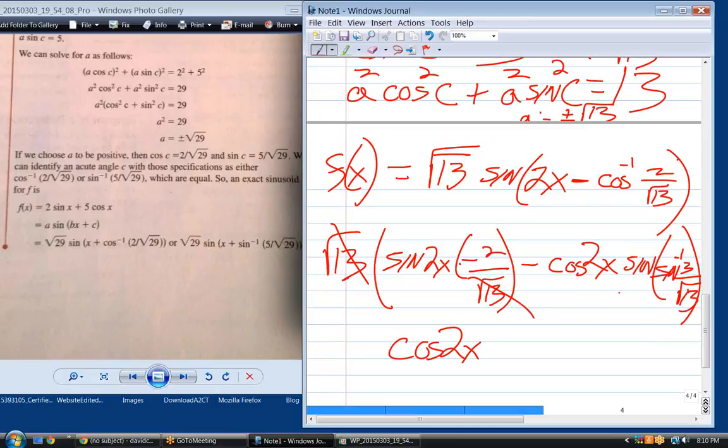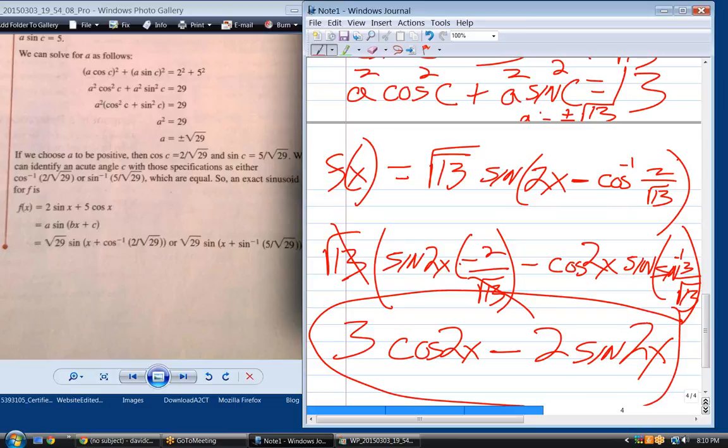And now everything turns into what we started with. We've got 3 cosine of 2x minus 2 sine of 2x. Is that not what we started with? Yep.